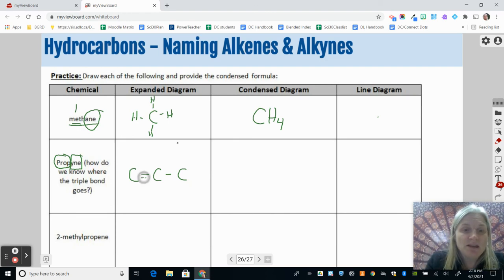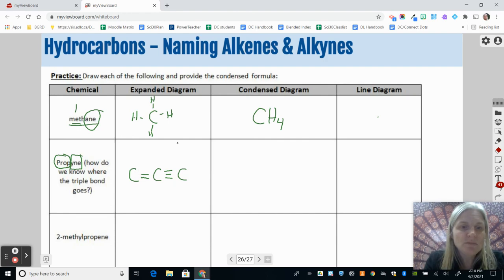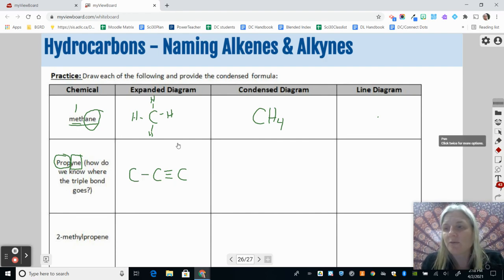Because if we put it here and then we flip this molecule, it's the same as putting it on this other side. So it doesn't really matter which side you put it on when you only have 3 carbons, because these molecules can be flipped. So it's just a mirror image. So this would be propyne.